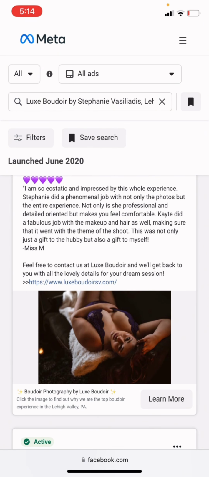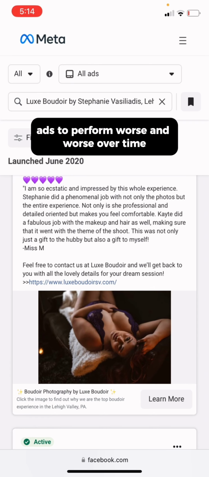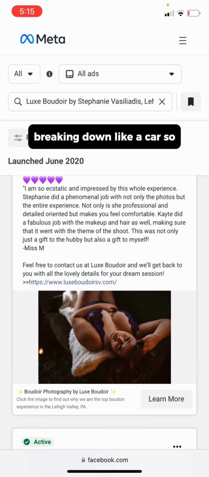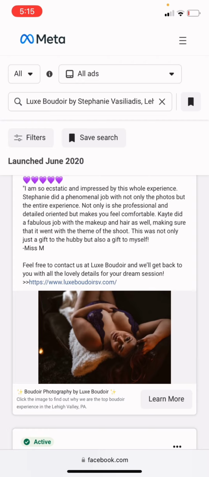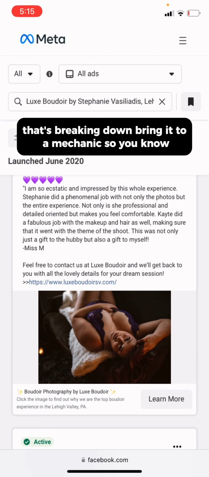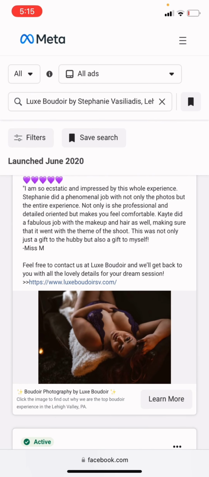All this stuff is causing ads to perform worse and worse over time, basically breaking down like a car. So if your ad has been breaking down like a car recently, where do we bring a car that's breaking down? Bring it to a mechanic. If your ad has been breaking down recently, you can get lower ROAS over time.